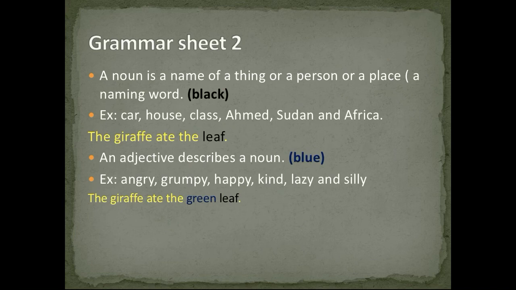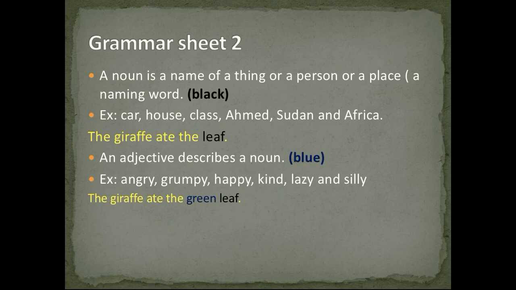So the giraffe ate the green leaf. I described the leaf as being green. All colors are adjectives. Okay? All colors are adjectives. So I can also describe the giraffe. I can say the tall giraffe ate the green leaf, because giraffe also is a noun.